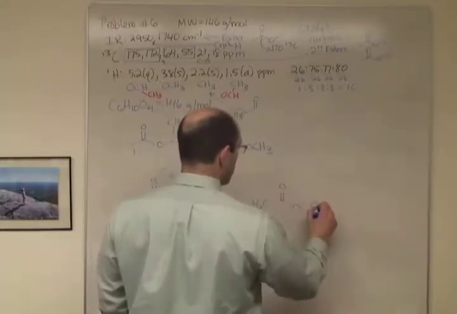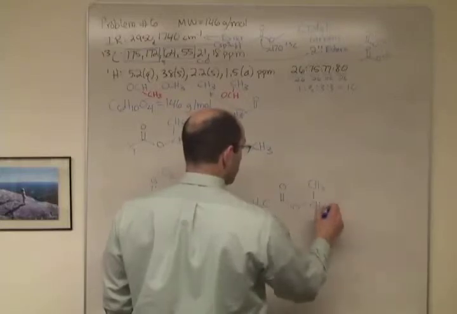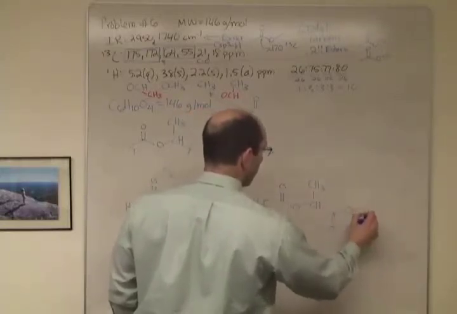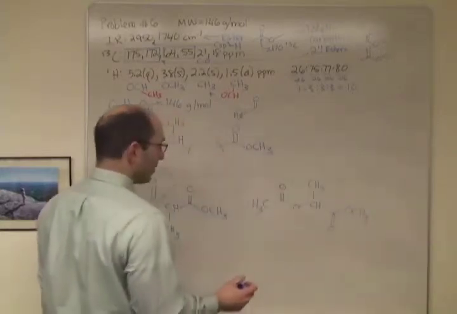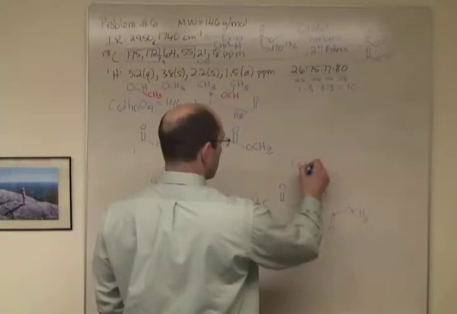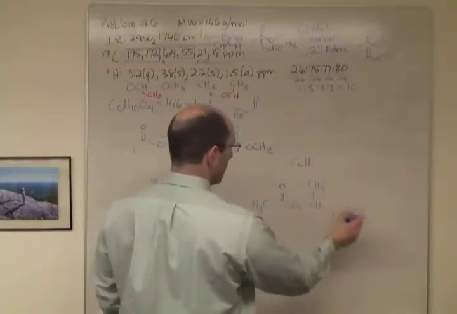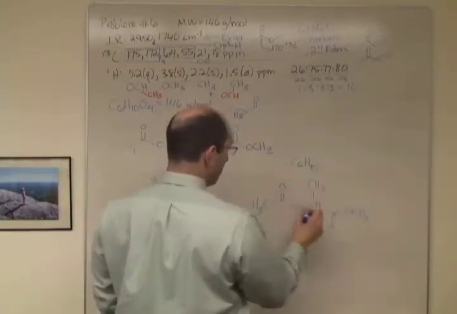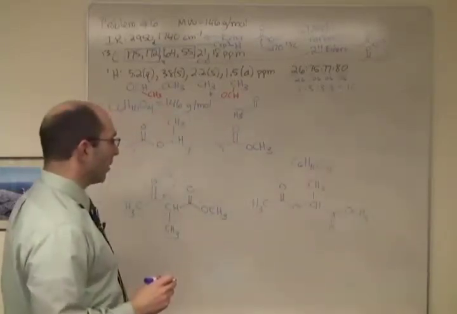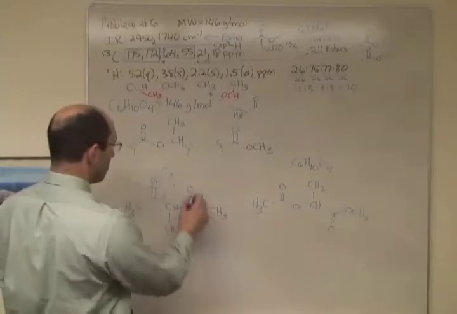Now I have the CH connected to the CH3, connected to the ketone, or the carbonyl of the ester. So this has 1, 2, 3, 4, 5, 6 carbons, C6, H 3, 6, 9, 10, O 1, 2, 3, 4. All right, so we have the correct molecular formula. And that one was wrong.